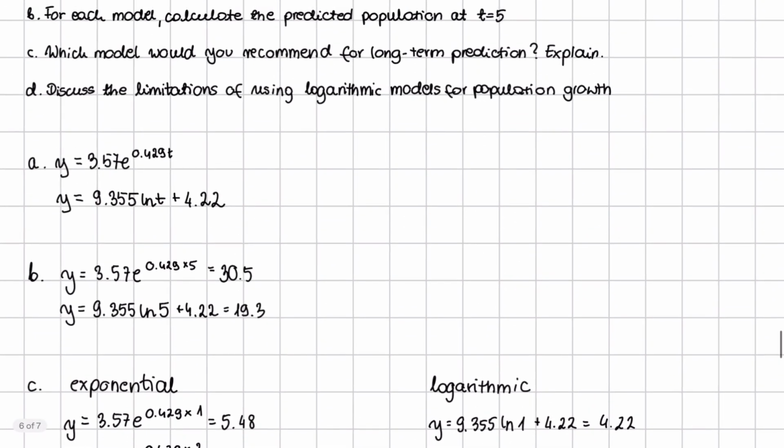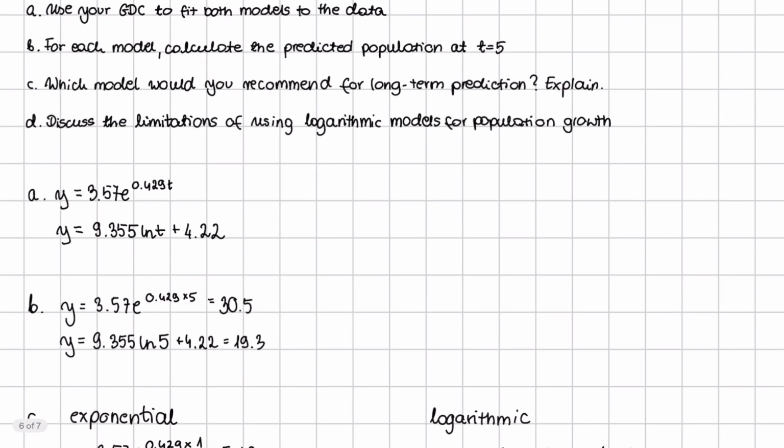And D, discuss the limitations of using logarithmic models for population growth. So we can simply say it from our everyday life, and of course from knowing how logarithmic function looks like. So basically logarithmic growth increases very slowly.